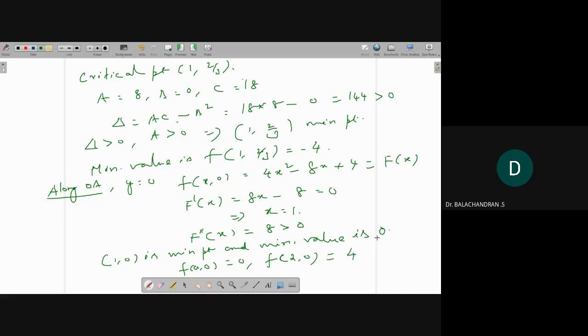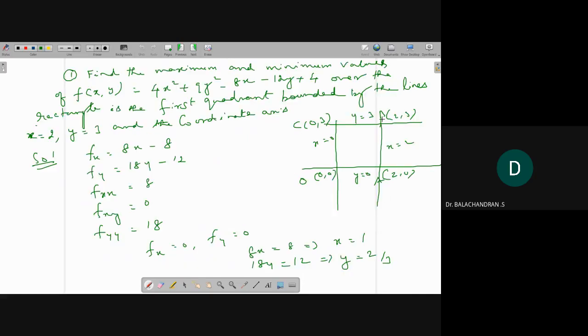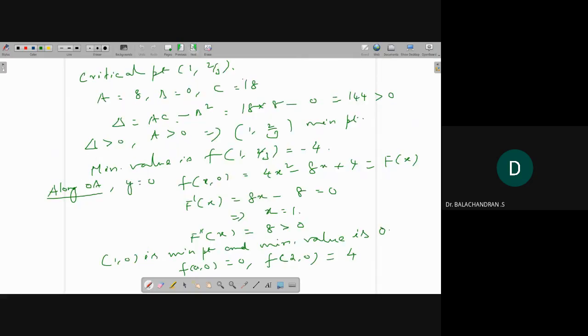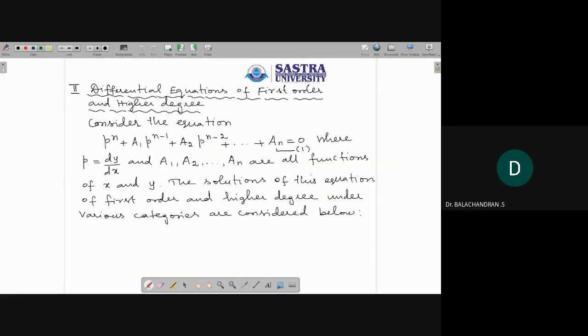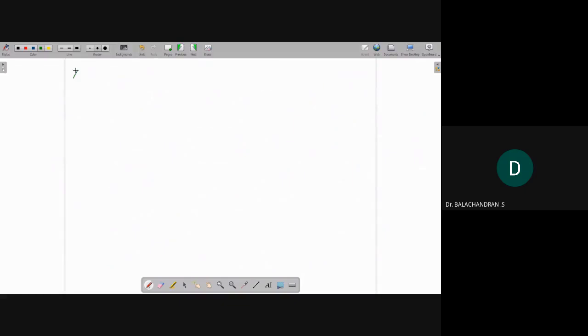So now similarly along other boundaries, for example along this boundary AB. In AB x is equal to 2. So now f of 2 comma y is what?